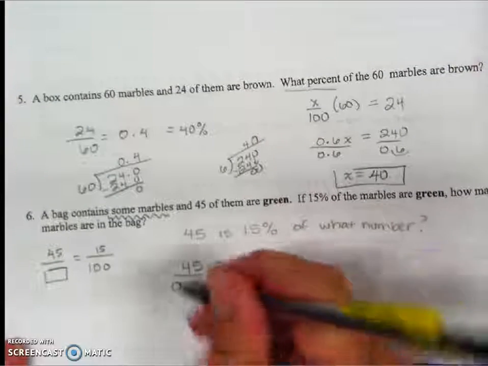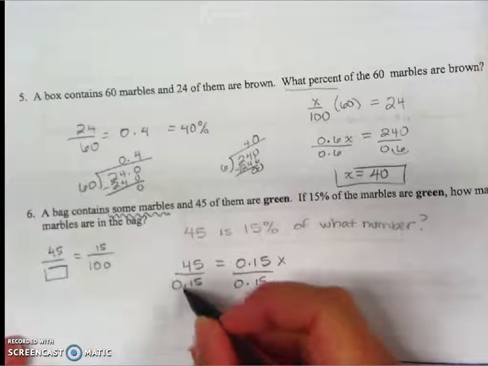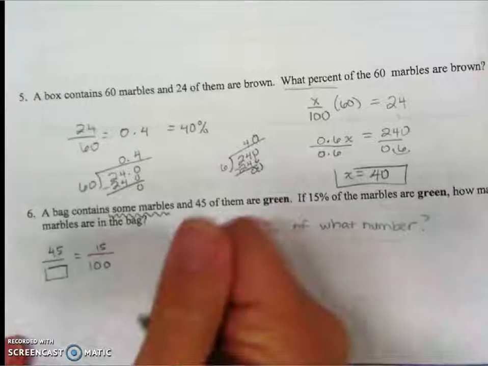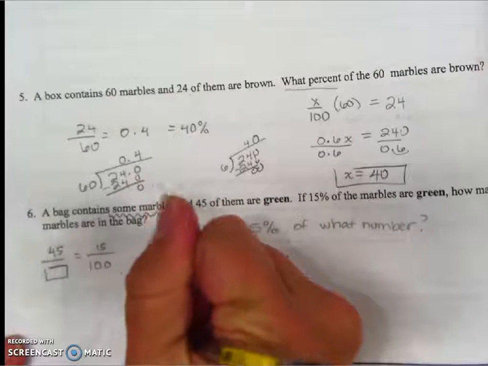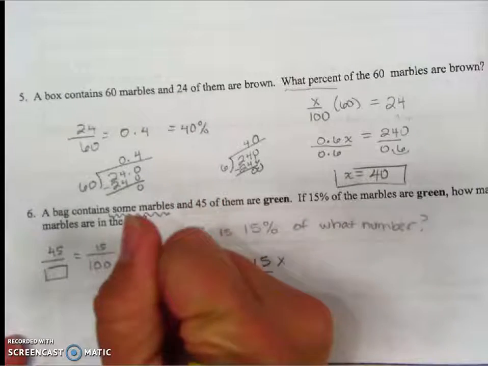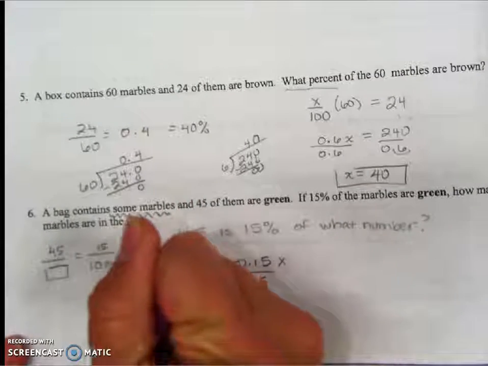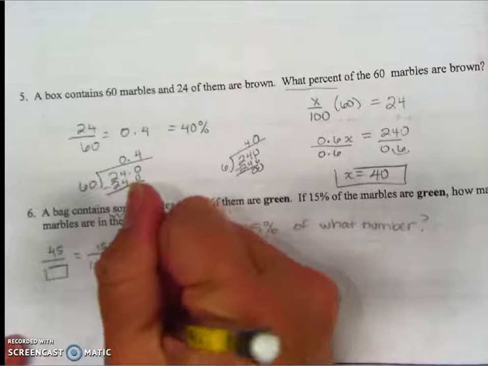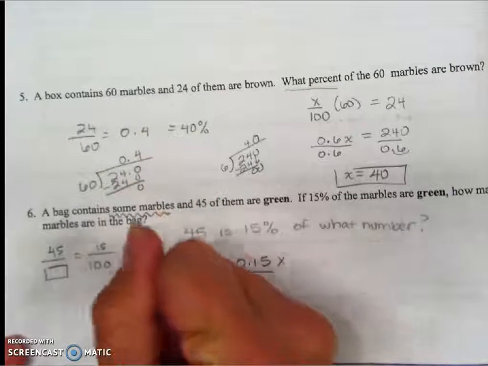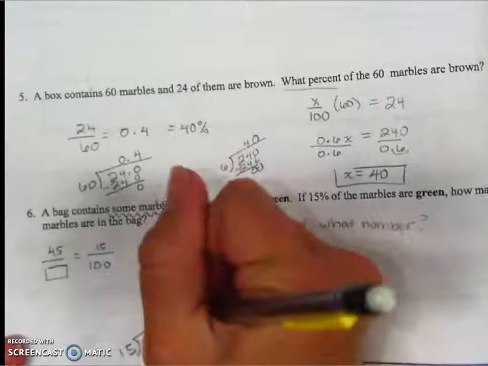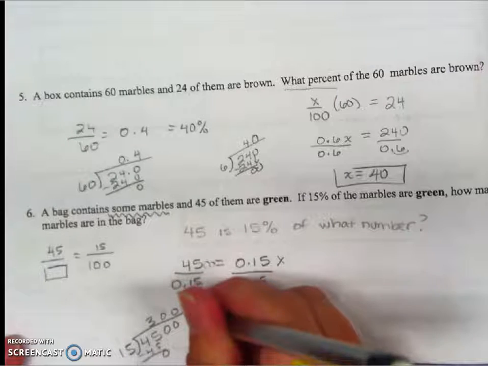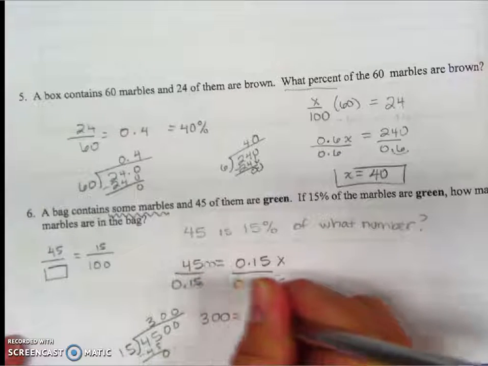So now I've got 45 divided by 0.15, and we swoosh, swoosh twice, add 2 zeros. So we are actually dividing 4,500 divided by 15. Now I know 15 goes into 45 3 times exactly, that gives me 45, nothing left, and I just fill in those other zeros. And so right here we get 300 equals X.